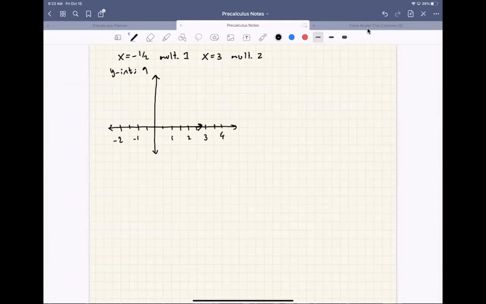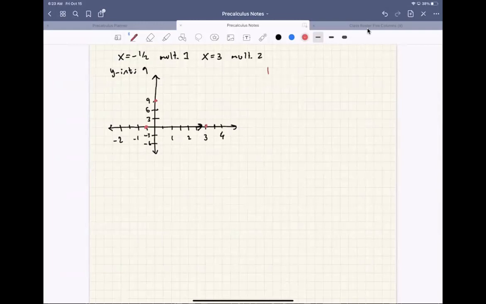And we're going to have this go by 3s. 3, 6, 9, -3, -6. All right, and let's go ahead and mark our intercepts. So -1/2 right here. Our y-intercept is 9, and then our x-intercept is 3.